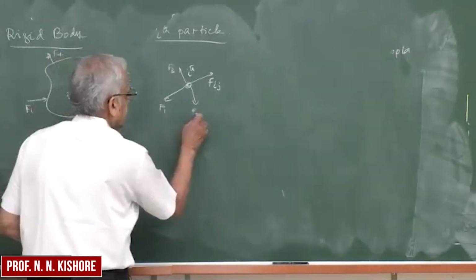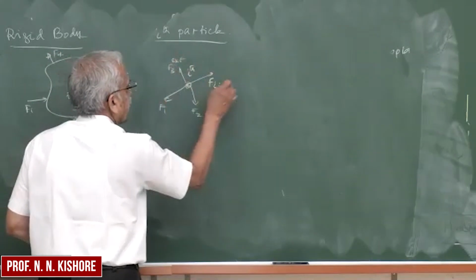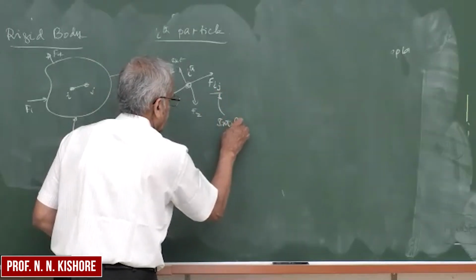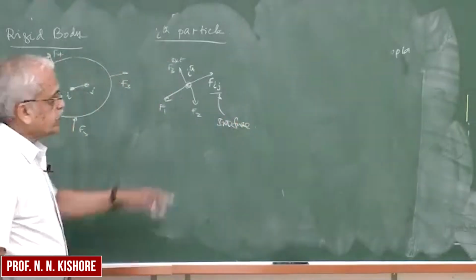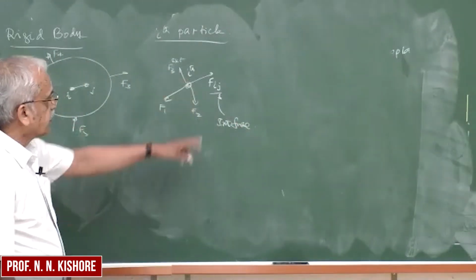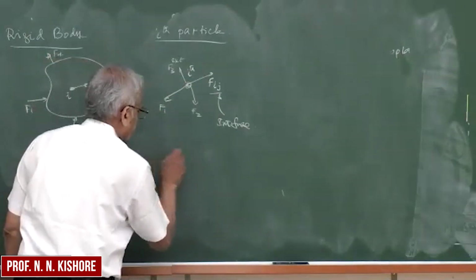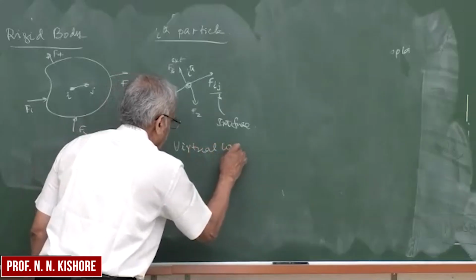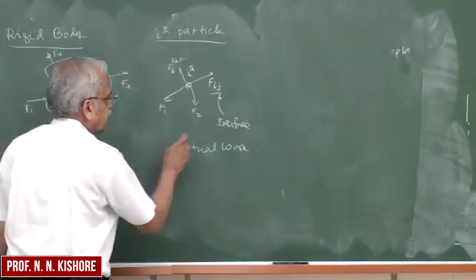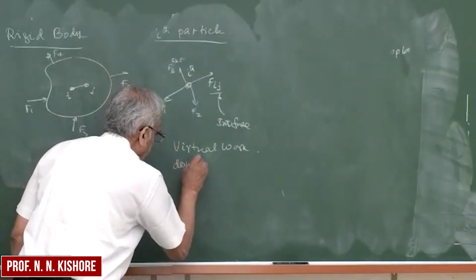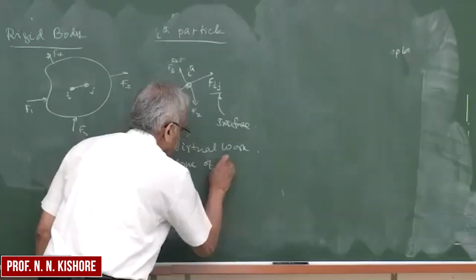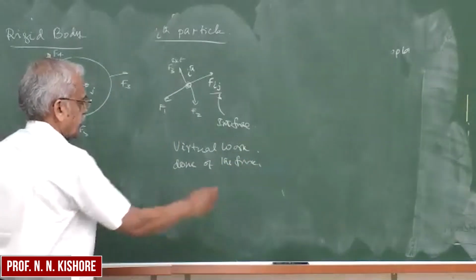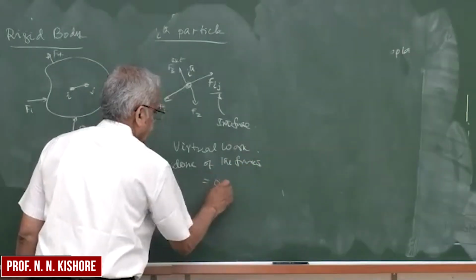These F1, F2, F3 are external forces, while Fij is an internal force. This particle is under equilibrium under the action of all these forces. So we can definitely say that the virtual work done by all the forces is 0.